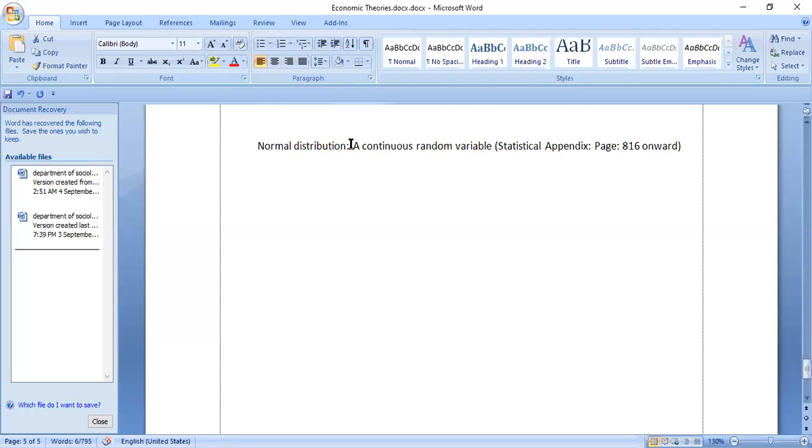Who recalls the normal density function? It is 1 over root of 2 pi sigma square, e to the power minus half x minus mu over sigma, whole square.